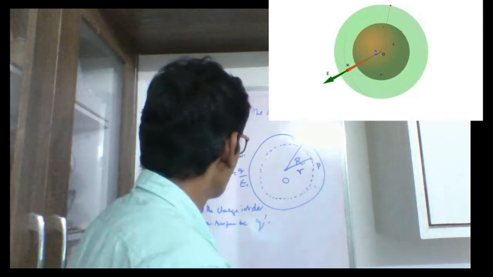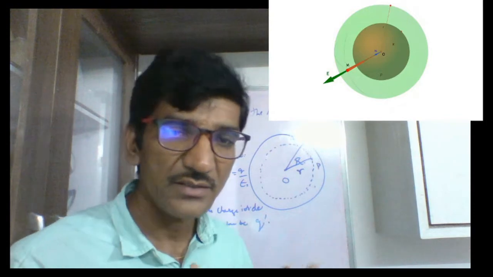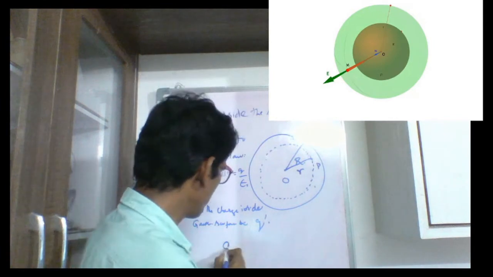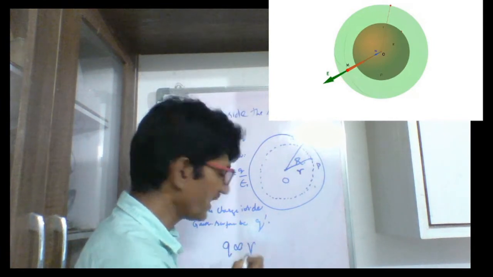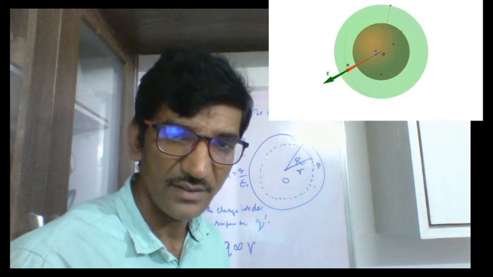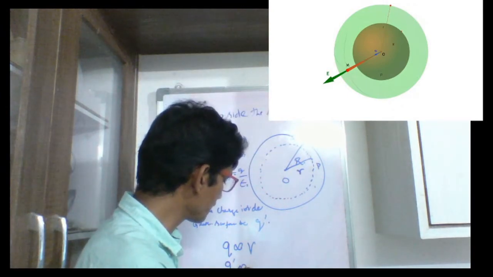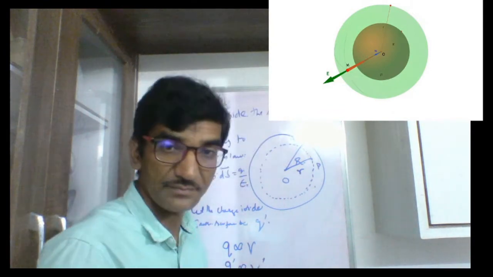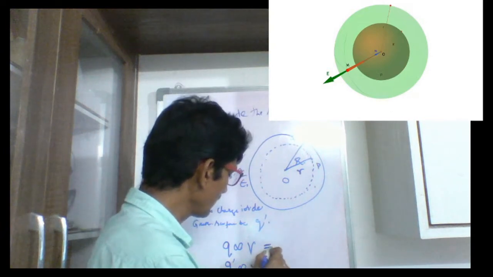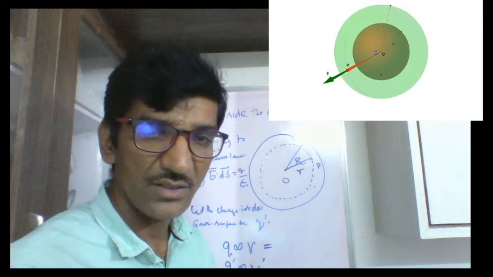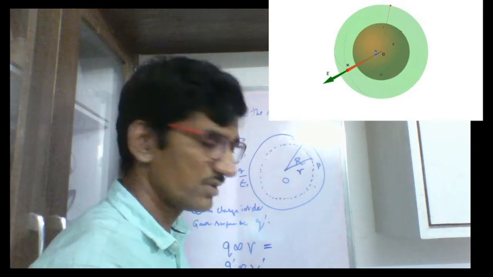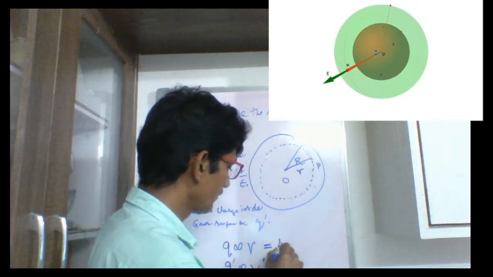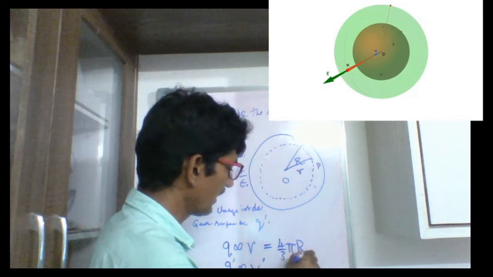Say Q is stored in volume V. Then your Q prime will be stored in volume V prime. The big sphere is the original sphere, whose radius is capital R. What is the formula for the volume of a sphere? 4 by 3 pi R cube.